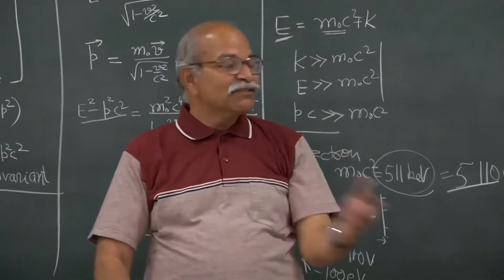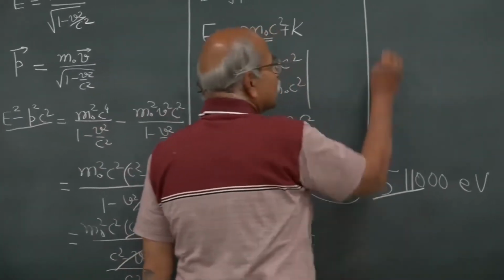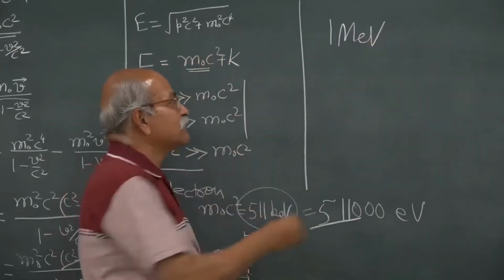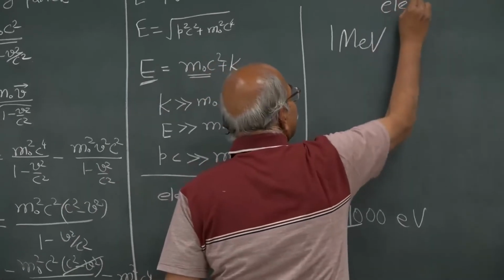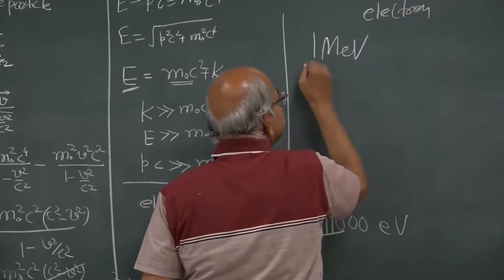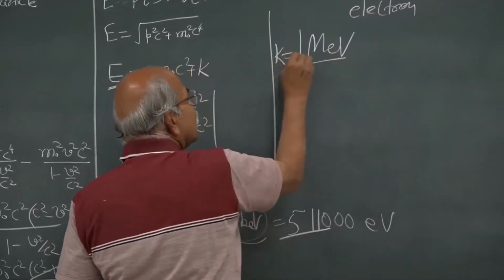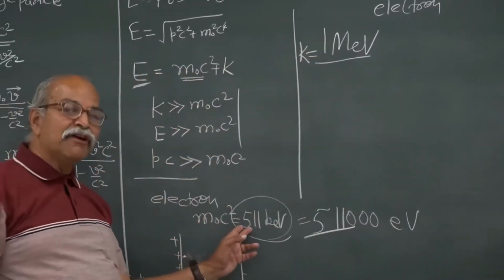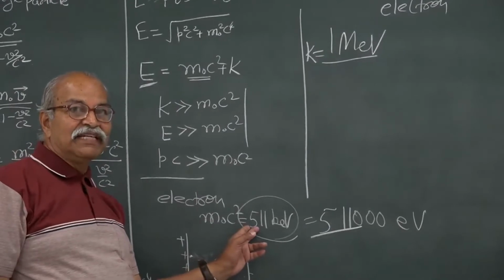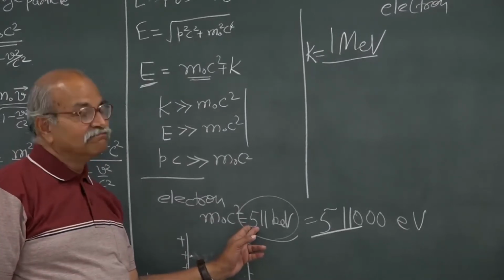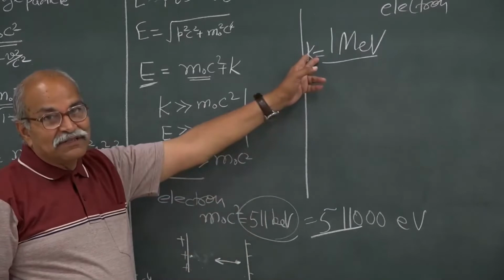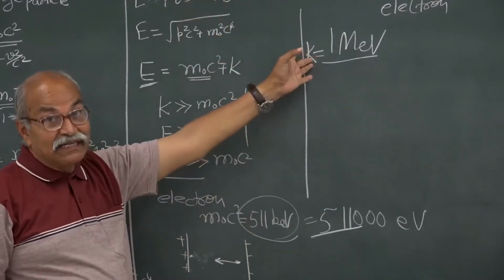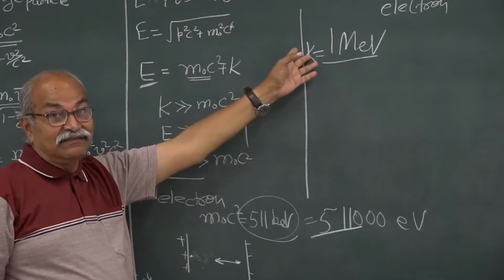So the kinetic energy of this electron is 1 MeV as it goes from this end to that end. If kinetic energy is 1 MeV and rest mass energy is half MeV, 511 keV, Newton's laws, F equal to ma, will not work. You have to go for relativistic equations.